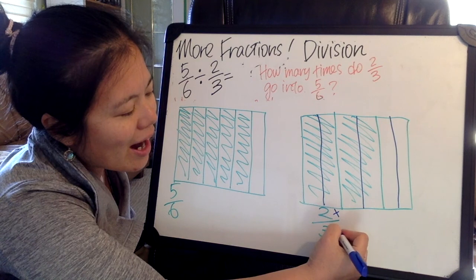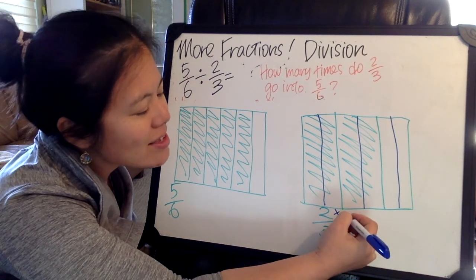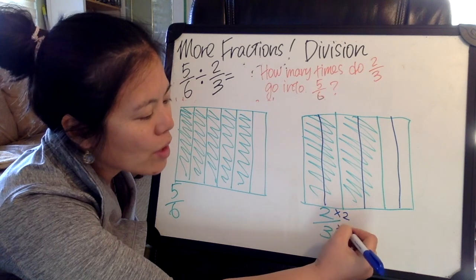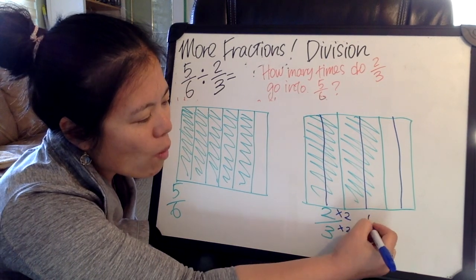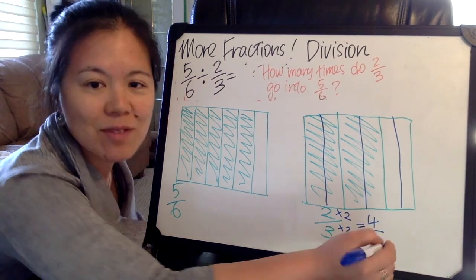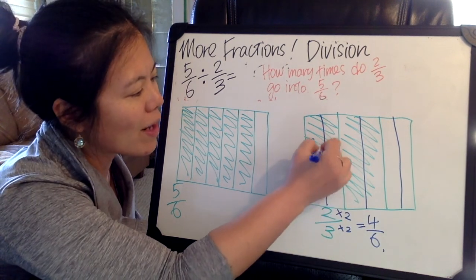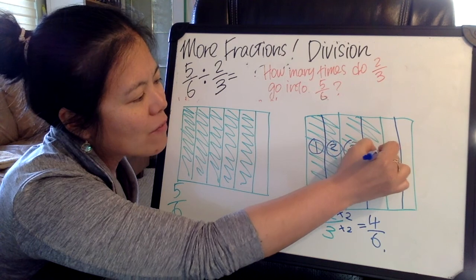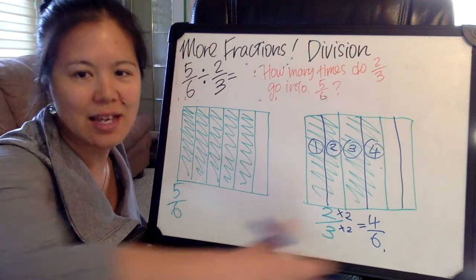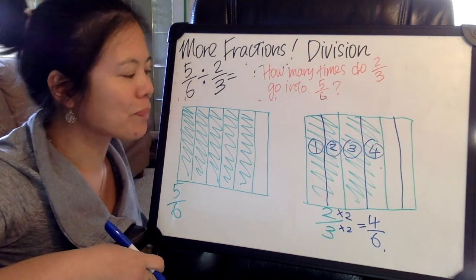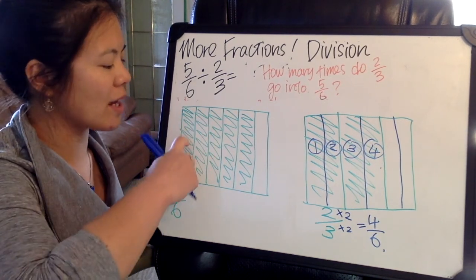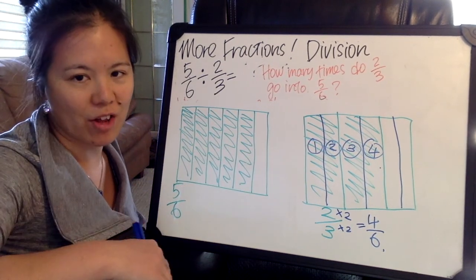So I multiplied both the numerator and denominator by 2, which gave us 4/6. As you can see, I have 1, 2, 3, and 4 slices out of 6 colored in. And when I look at my 5/6, of course, I have 1, 2, 3, 4, 5 colored in.